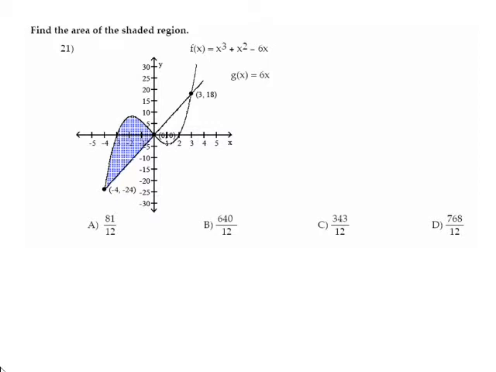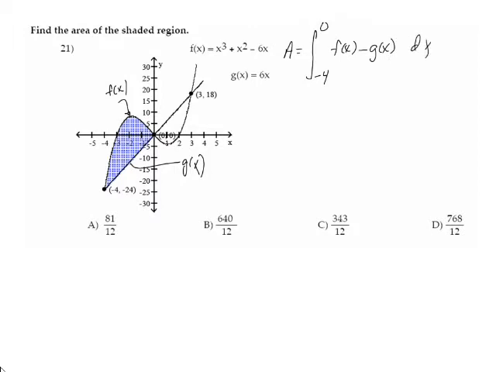And notice we want to take the function on top, which is f of x, minus the function on the bottom, which is g of x. And we want to take the area. It's equal to the integral from -4 to 0 of f of x minus g of x dx.